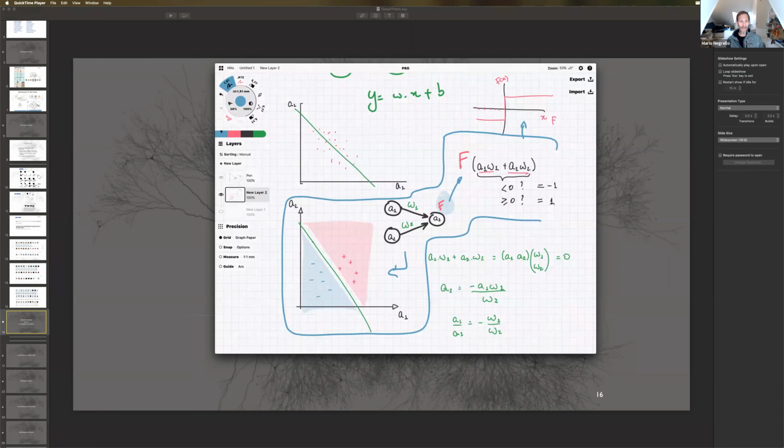When you have very large activations of A1 and A2, you would classify as yes, and an activation of A1 and A2 smaller than the separating hyperplane, you would classify as no. Can anyone come up with an idea? Keep on thinking as I explain, and then if you pump it to the chat, we're going to talk about it. Obviously, there are millions of different ways to do this. But this is the fundamental operation of classification in the case of data sets.